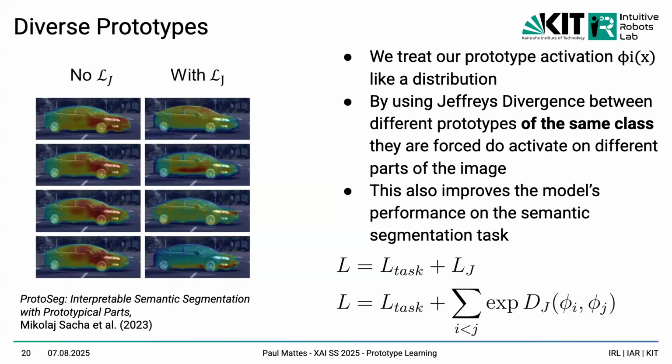And one class in this case, I don't know what the class is in semantic segmentation, but if it's just about segmenting the car as a car, you can have multiple prototypes which correspond to the label car, but focus on different parts of the car, to then say, okay, this part is important, this part is important, this part is important, and then we have a whole car.